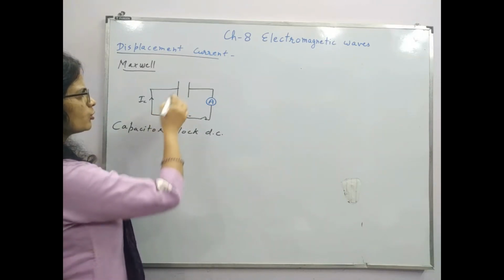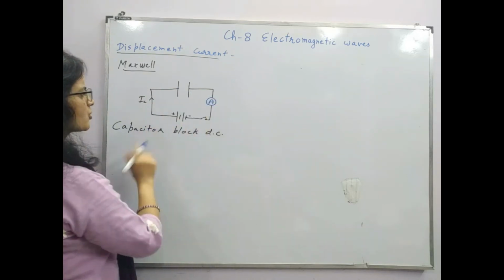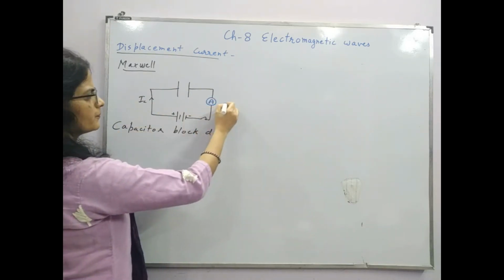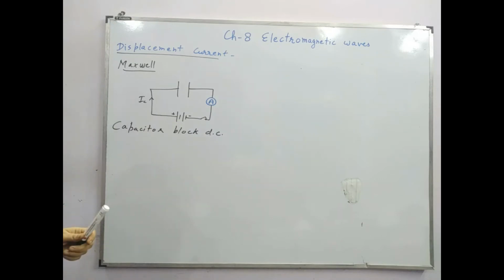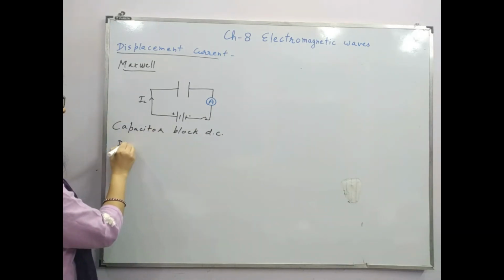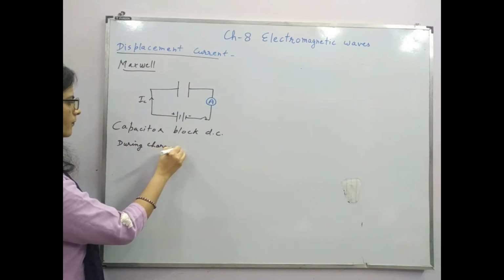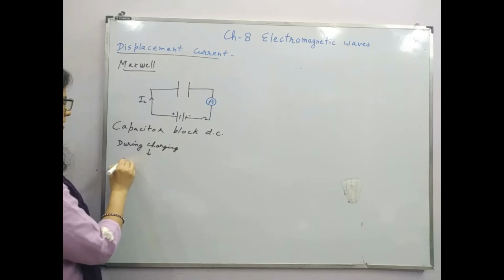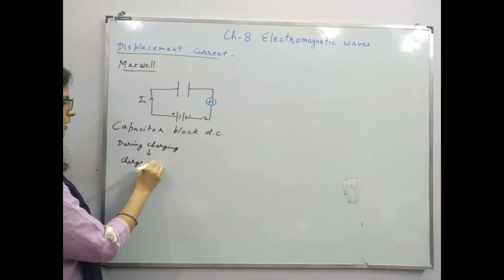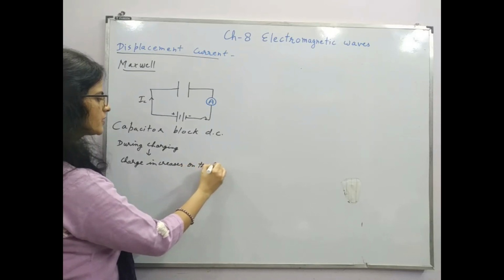What is the reason? We know that this capacitor blocks DC. Then how is that deflection observed during the charging process? So the explanation was given that during charging, the charge increases on the capacitor.